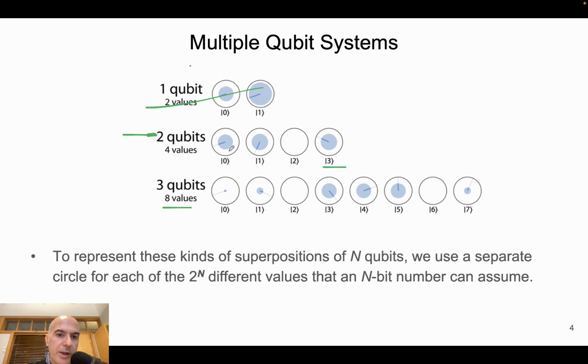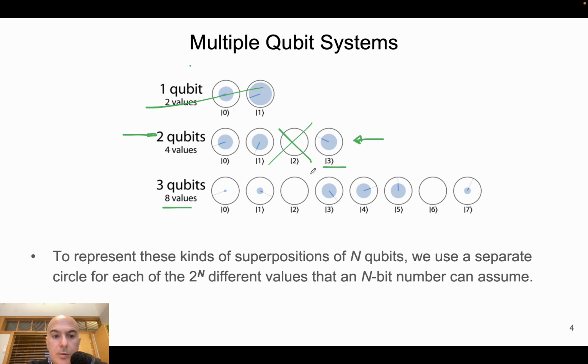So wherever you see a filled circle here, there is a probability to observe that state after the measurement. So if we take this example, we can observe states 0, 1, and 3 after measurement, but not the state 2. So what we saw in the case of 1 qubit also applies here in a multiple qubit system.